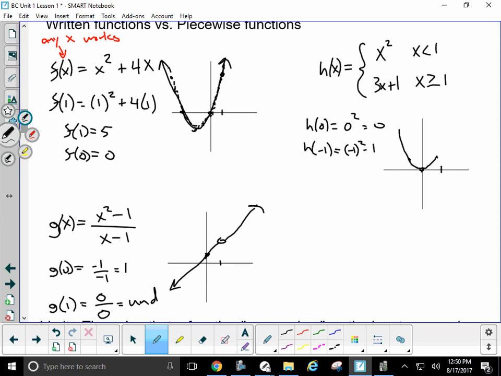Instead, I can see that I'm going to be approaching 1 if I plugged in 0.9, 0.999, but I just leave that. And then if I look at the value at 1, well, the domain is defined because it's greater than or equal to 1 for 3x plus 1, so it's our second piece that will dictate what happens at 1. And I get 4, and then I keep going off from there using the 3x plus 1 piece.